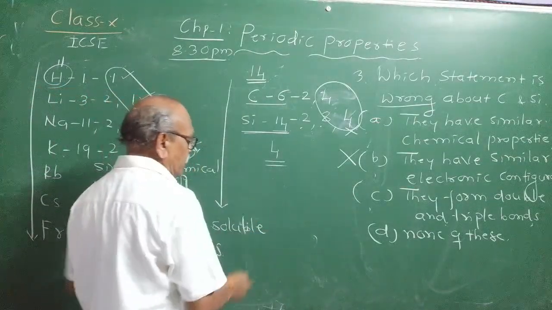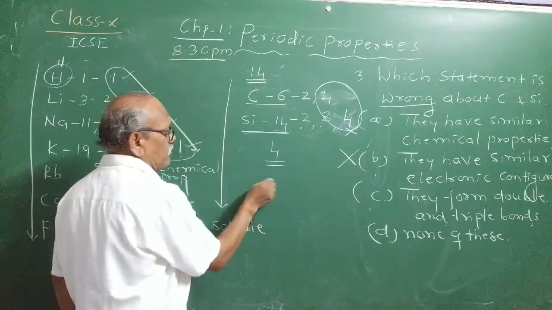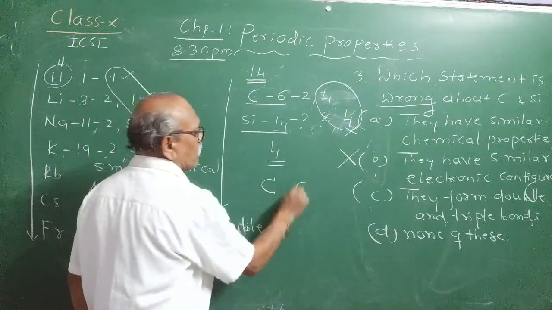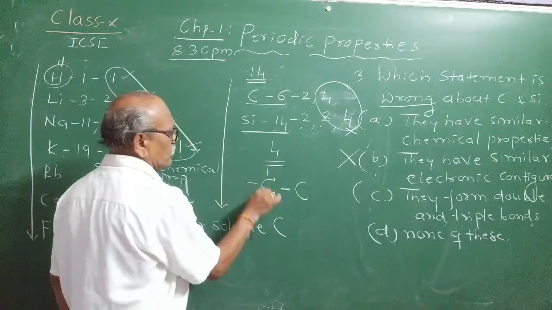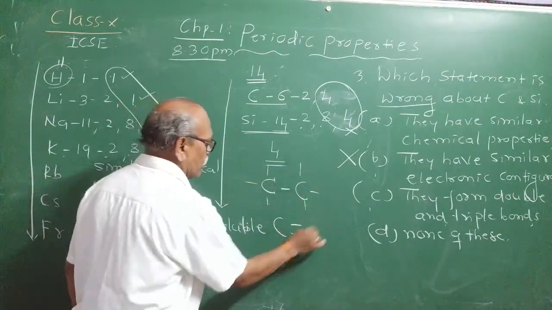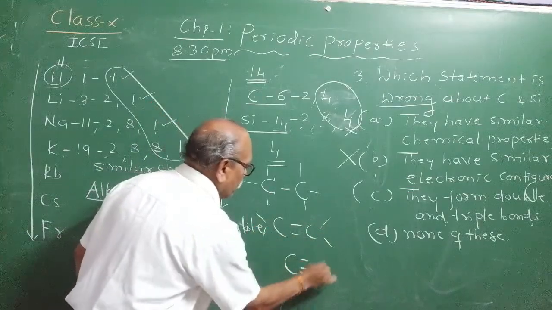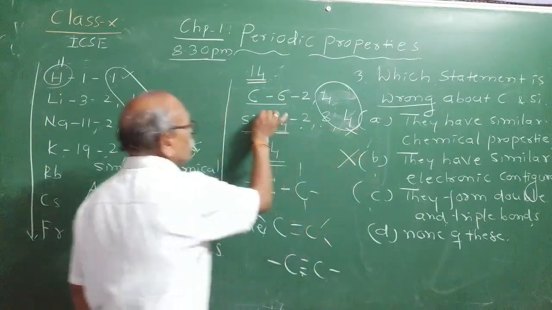Okay. They form double and triple bonds. Remember, you studied this at the 10th level, in an earlier class. Carbon is very peculiar. Carbon can form single bonds with its own atoms. Valency is 4. It can form double bonds. It can form triple bonds with its own atoms. But silicon does not have this capacity.